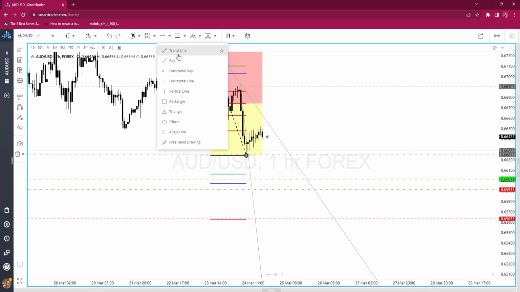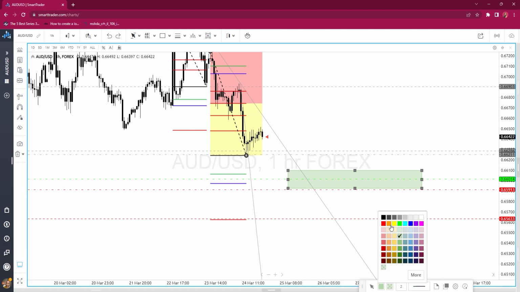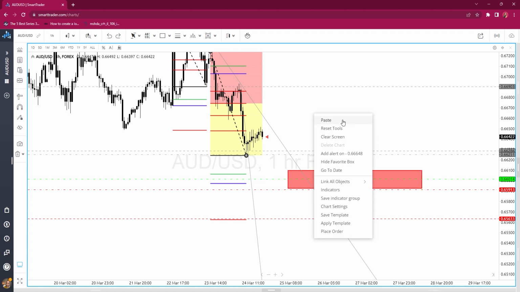So the way I would play this, if I'm looking for an entry, I'm going to put my stop just before the daily support. And then I am going to probably set a limit.